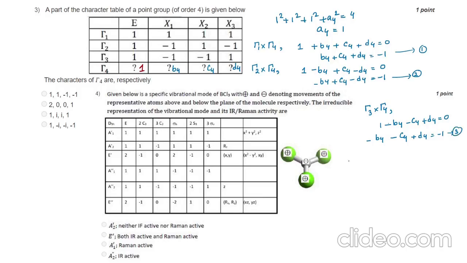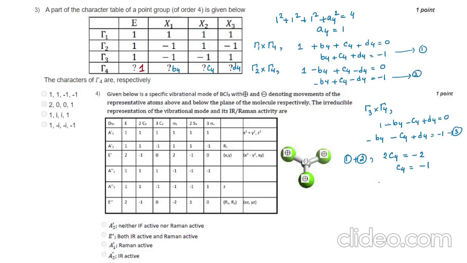So if you add 1 plus 2 equations, B4 will cancel, C4 will remain, 2C4 will be minus 2. So your C4 is going to be minus 1.